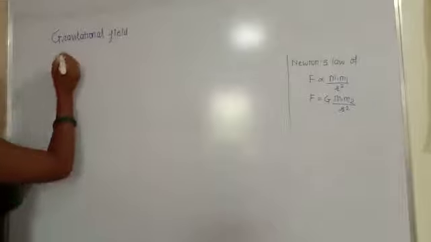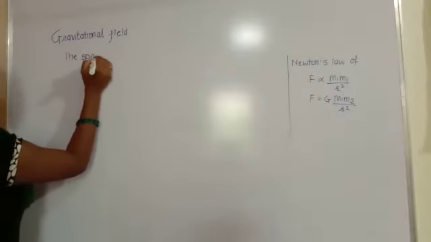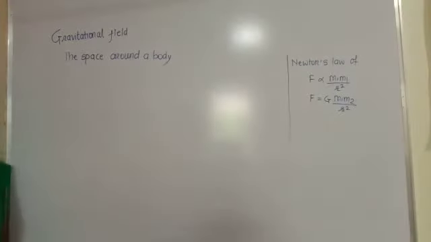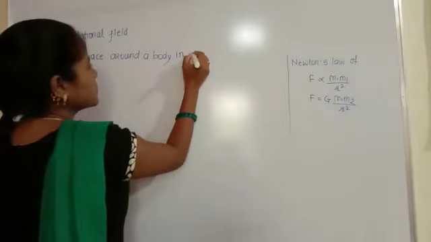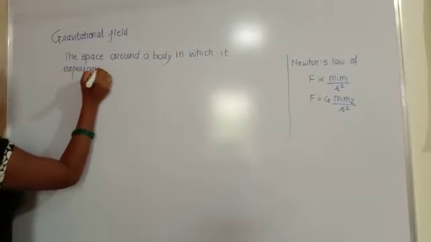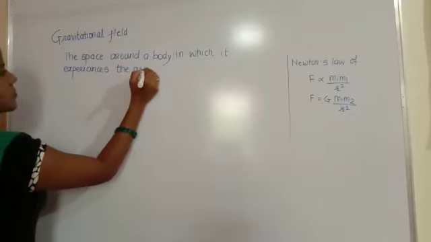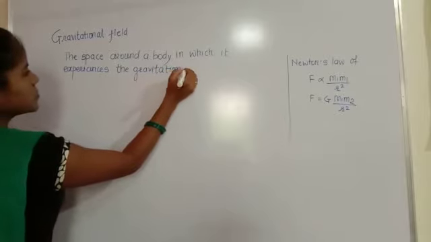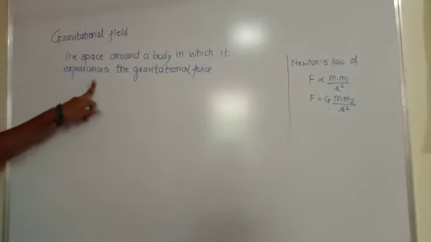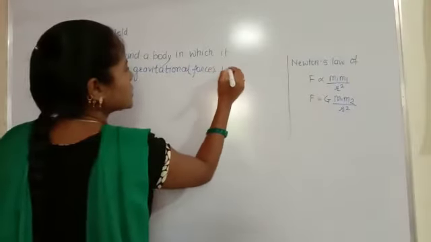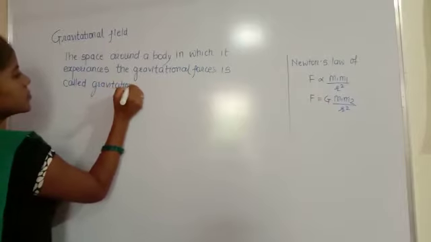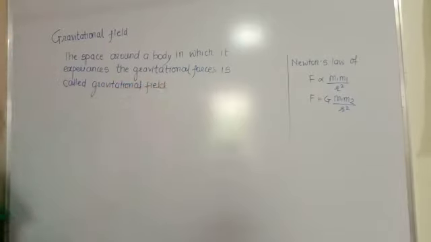Okay, the definition of gravitational field: the space around a body in which it experiences the gravitational force is called the gravitational field.